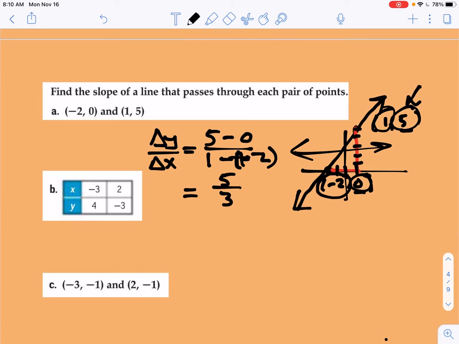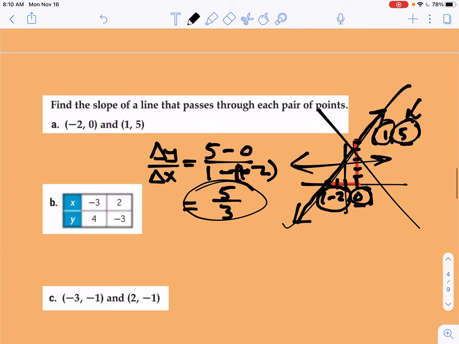So this way we can find this without having to do any of that. This is great, but we want to be able to do this without that. For part B, similarly, we can do the same thing because we've got 2 pairs of points. They're written kind of weird, but this is 1 pair of points, this set right here, and this is another pair of points.